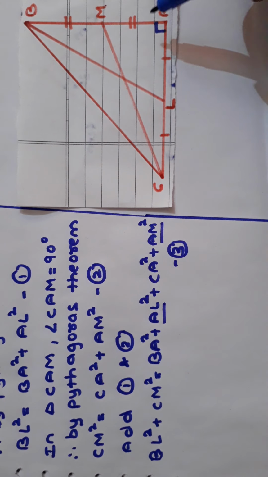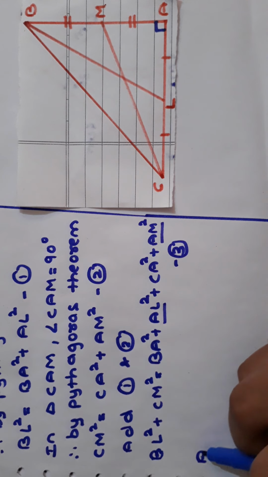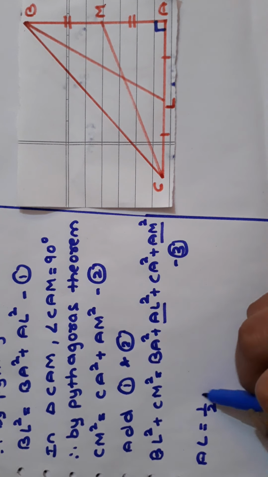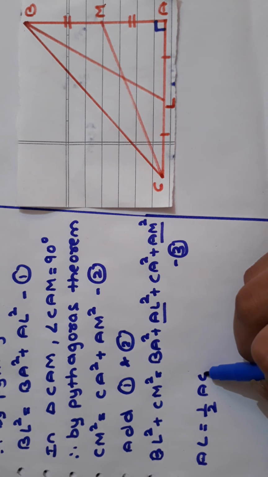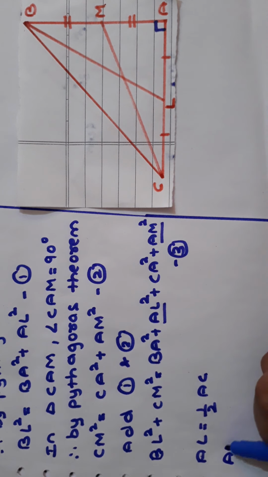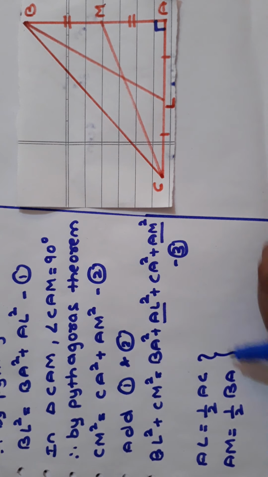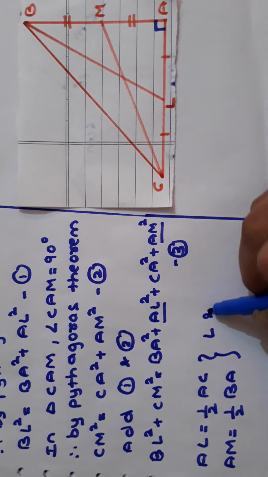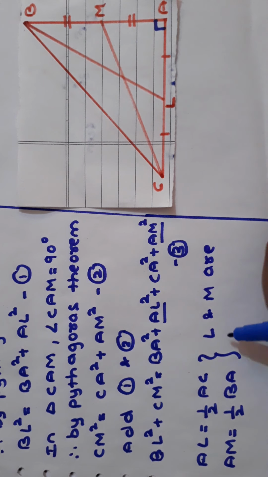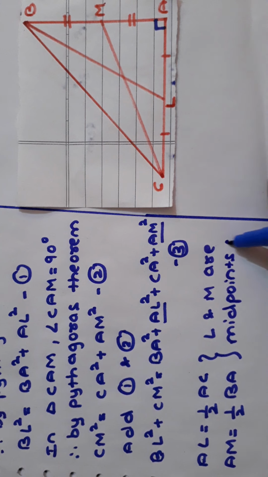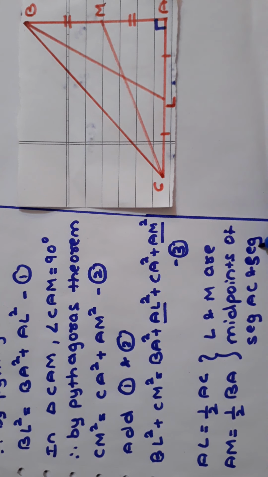But if you see in the figure, AL is half of AC and AM is half of BA. The reason is L and M are midpoints of segment AC and segment BA or AB.